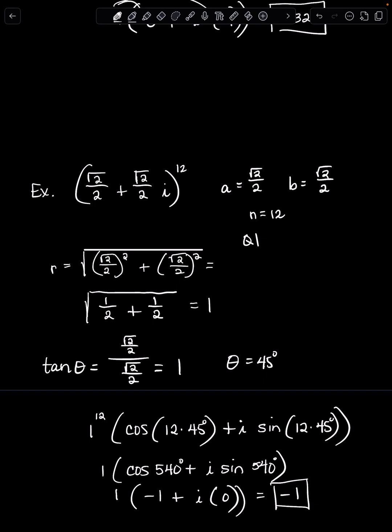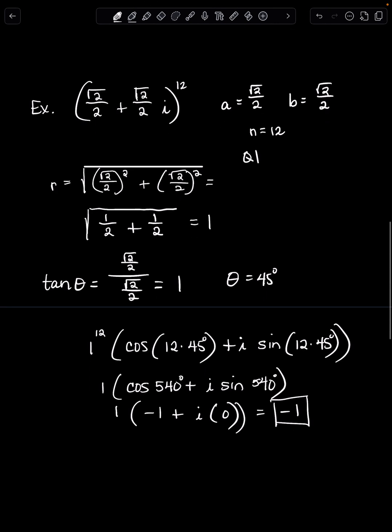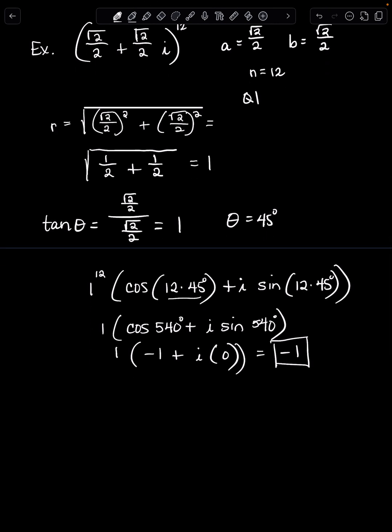Now, you'll notice that these answers, sine of 540, were super easy because I could plug them into my calculator, and they ended up being quadrantals, so they came out real nice.